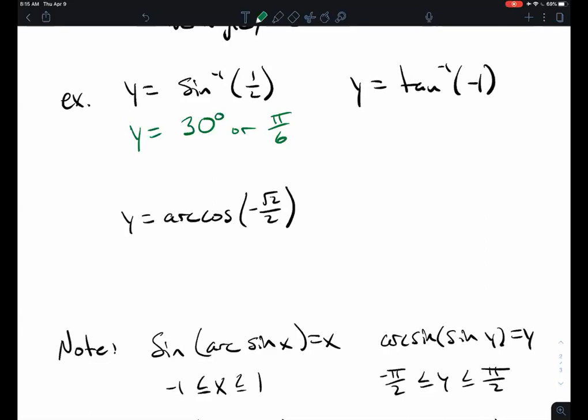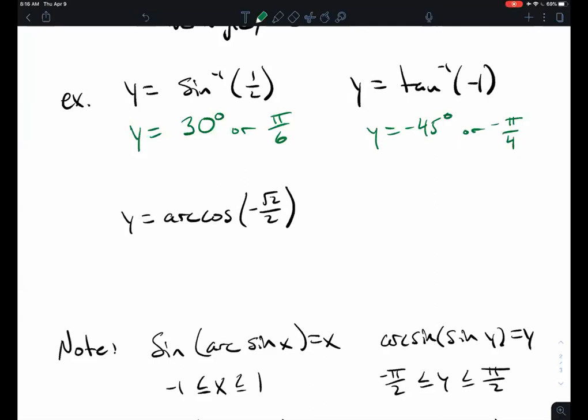How about y equals tan inverse of -1? How about that one? And again, there's a couple of answers you might be thinking, and this is where the restrictions are going to come in, but this is going to be -45 degrees or -pi over 4.